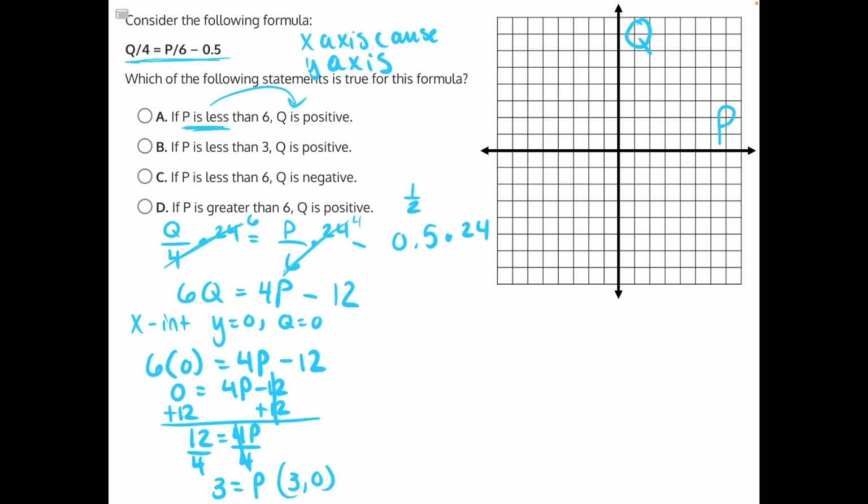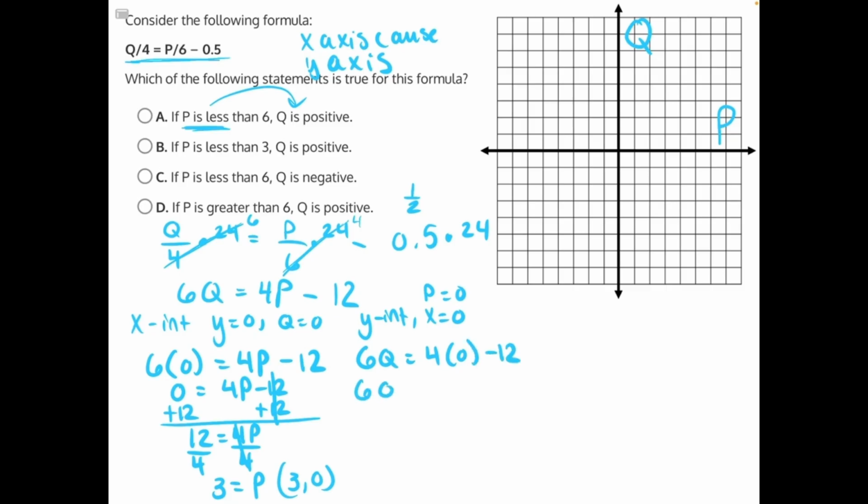so our first coordinate point is going to be 3, 0. Then we'll need to find our y-intercept, or where x equals 0. In this case, where p equals 0. So again, I'll rewrite my formula. 6q equals 4 times 0 instead of 4 times p minus 12.